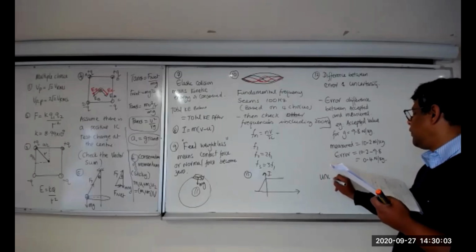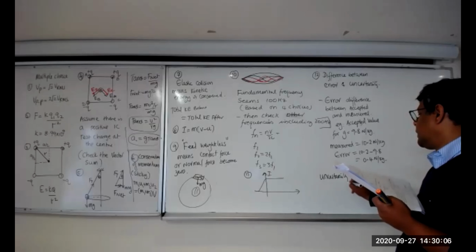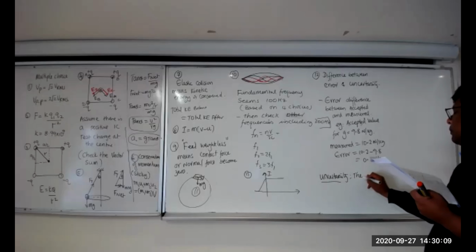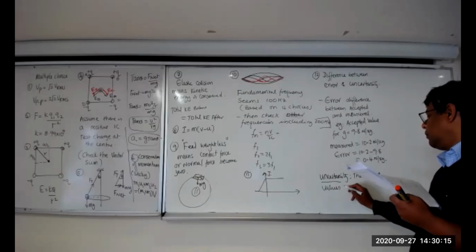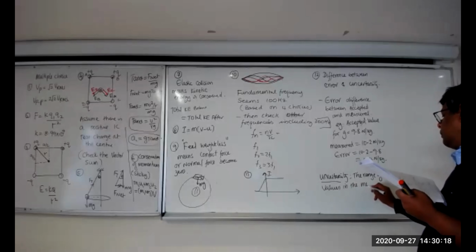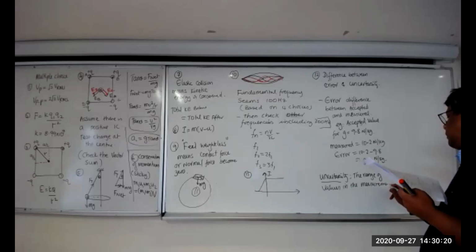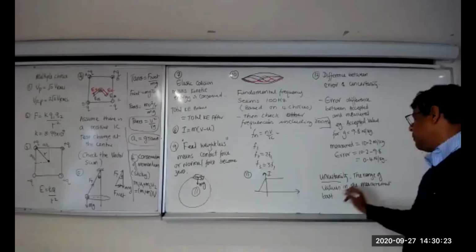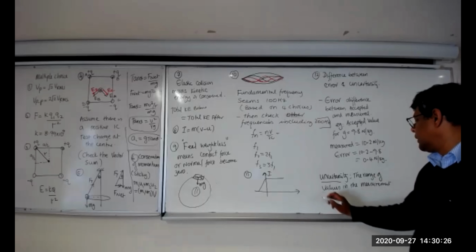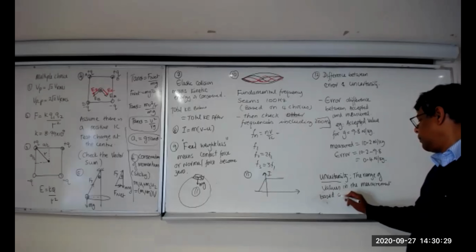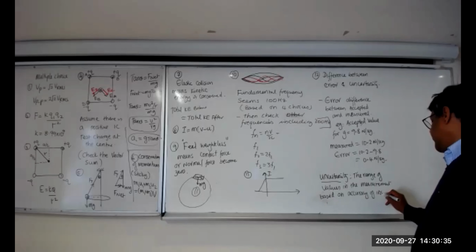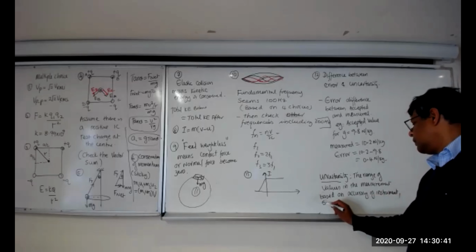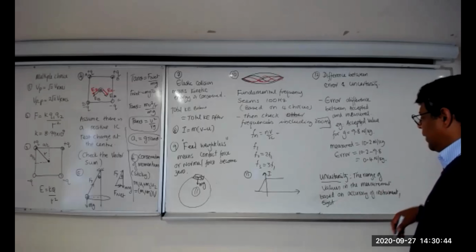Uncertainty is the range of values that you can have in your measurement, based on instrument accuracy and systematic errors. Random errors, you try to minimize by having more trials.